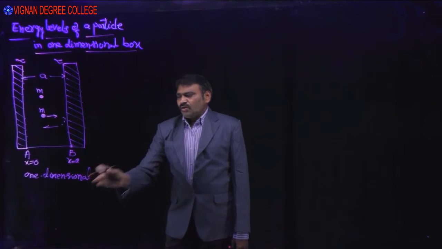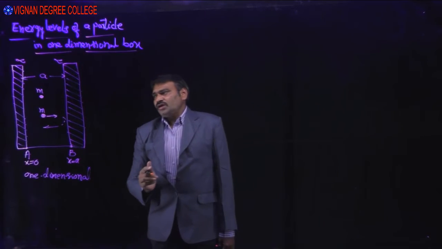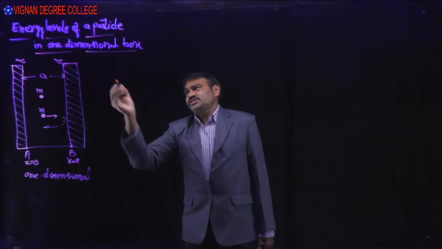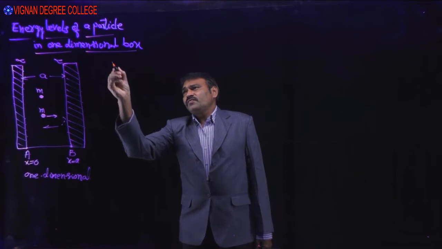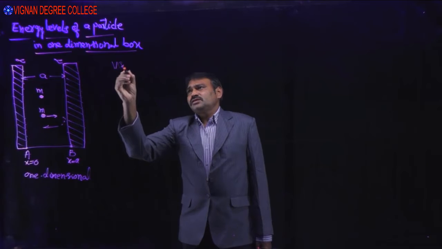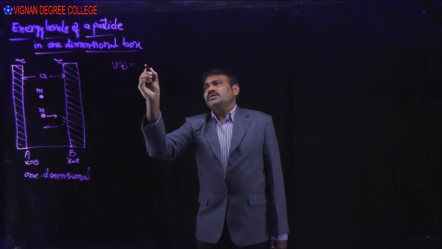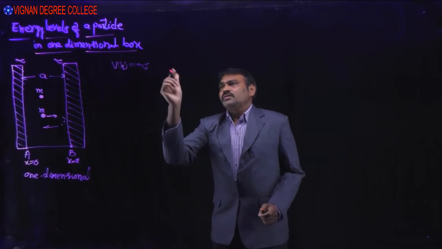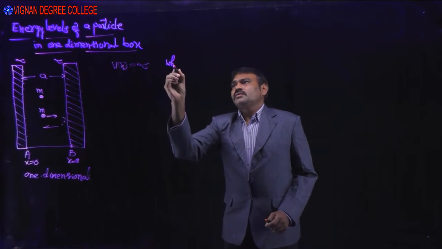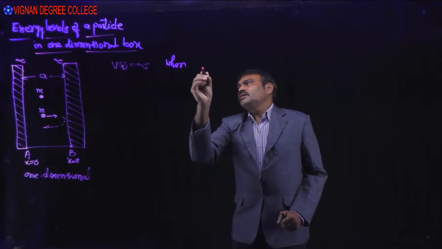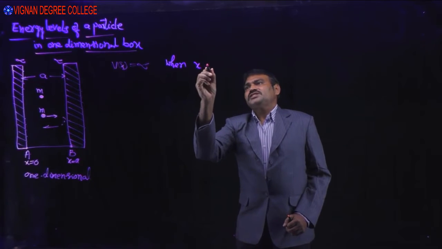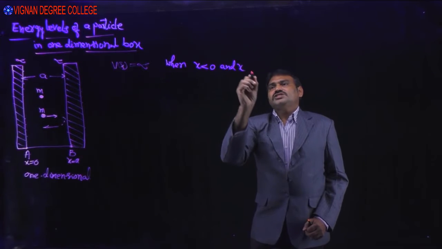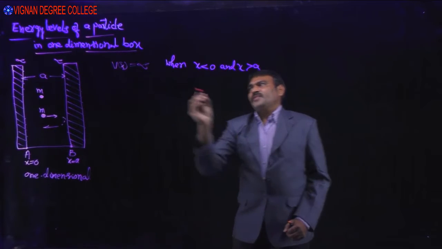Now the potential energy of the particle, the potential function, can be considered as V of x is equal to infinity when x is less than 0 and x is greater than a.